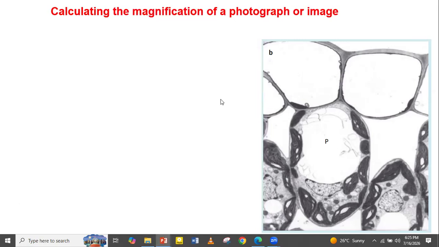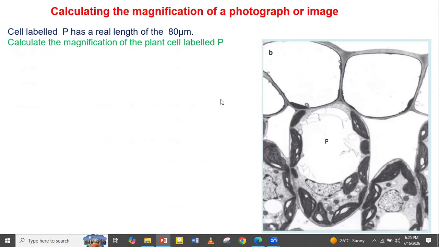Now you could be asked a question. They're telling us that the cell labeled P has a real length of 80 micrometers. So that means I'm already having the real size, so I can make a summary before I attempt the question.